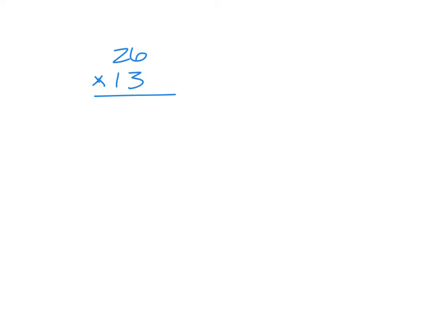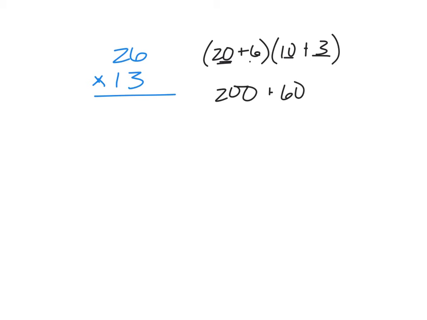All right. So again, you can do the whole vertical method. I'm thinking of this as 20 plus 6 and 10 plus 3. So if I write that down and visualize it in my head, I know 20 times 10 is 200. I know 20 times 3 is 60. I know 6 times 10 is 60. And I know 6 times 3 is 18.